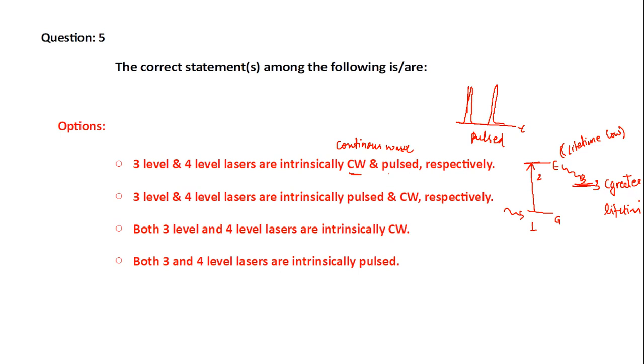But since the lifetime of this third state is greater than the lifetime of the second excited state, the molecule will reside in this excited state for some time, and then it will radiatively emit. And this process from 2 to 3 occurs by a non radiative pathway.